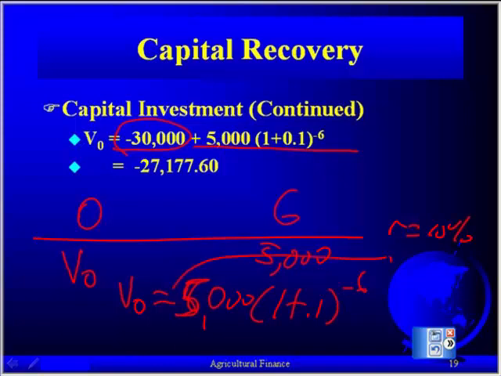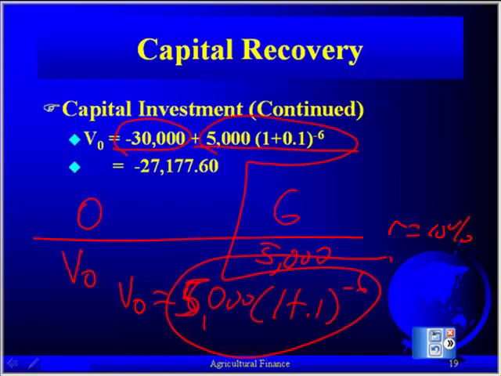And what you see here is exactly what we're adding to the $30,000. Okay, so we're not doing anything magical here. We're just discounting that sum of money that we're going to get in 6 years, that $5,000. We're converting it, we're transforming it to present dollars. That's an equivalent amount to the $5,000 in 6 years.